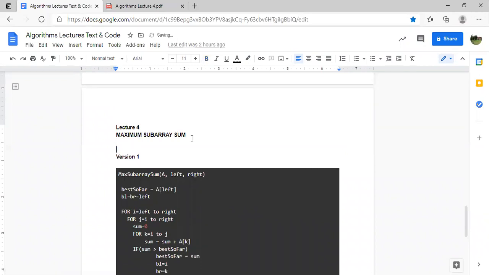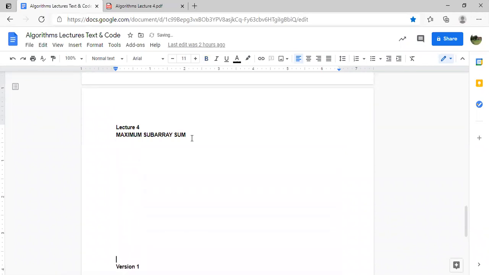So if I want to define this problem, the input to the problem is an array, okay, A of integers, and these are positive, negative, zero, with repeats, not sorted. Okay, so an array of integers of size n.